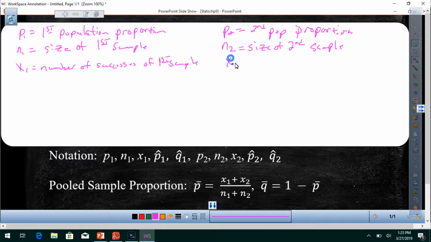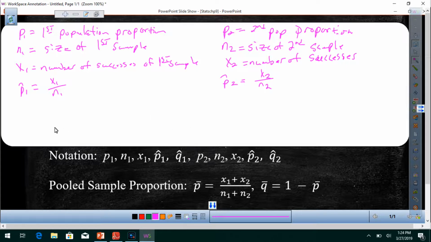And X sub 2 is the number of successes of the second sample. P hat sub 1 is going to be X sub 1 divided by N sub 1. P hat sub 2 is going to be X sub 2 divided by N sub 2.